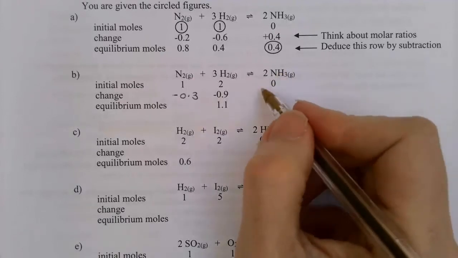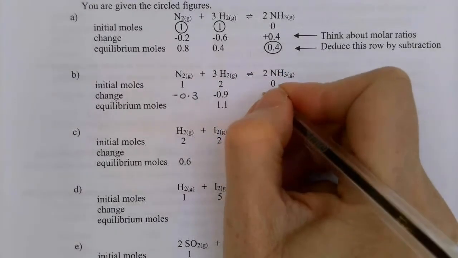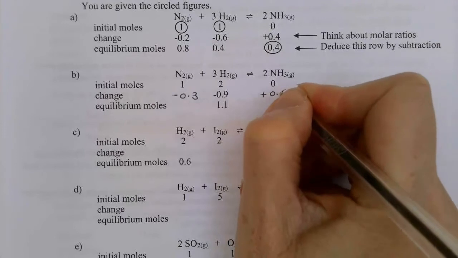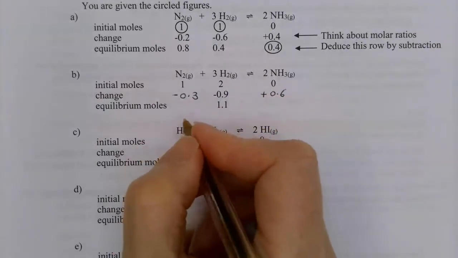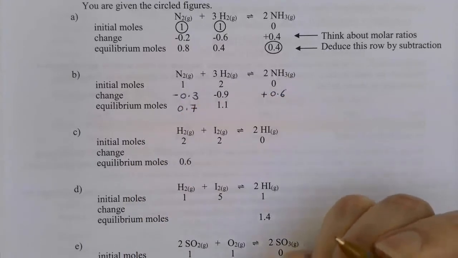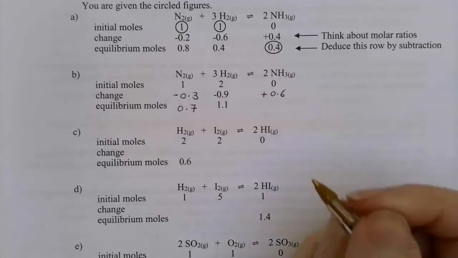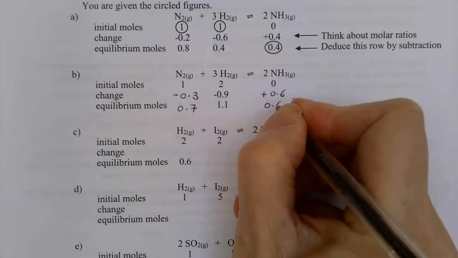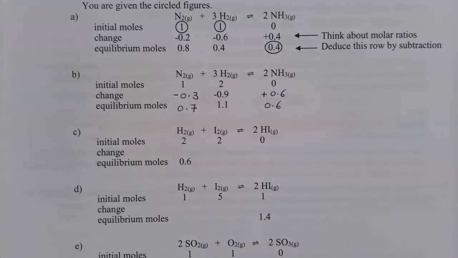And the ammonia will have gone up by 0.6. So at equilibrium, I've got 0.7 moles of nitrogen, 1.1 mole of hydrogen, and I've got 0.6 moles of ammonia.